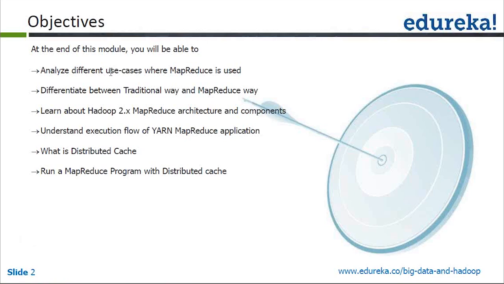We'll talk about some of the stuff related to Hadoop 2.x. Hadoop's current version is 2.7, and you have these releases, major as well as minor, which come out very regularly.